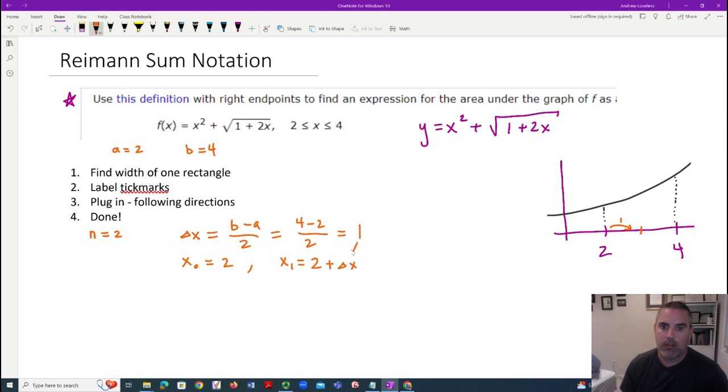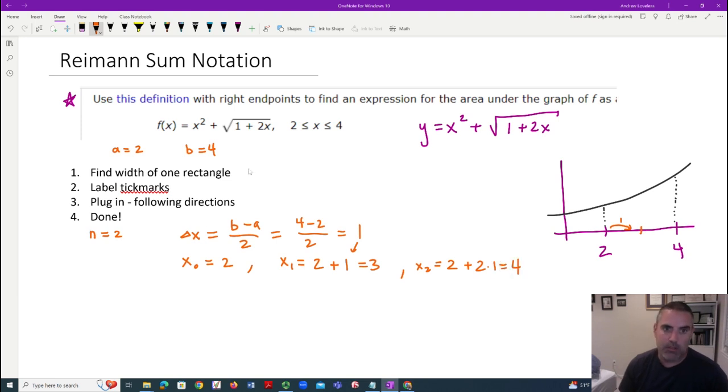So that goes there. The reason I'm saying it this way is to help you see the pattern that we're going to use in just a second. So this is going to be 2 plus 1, which is 3. And then the next tick mark will be 2 jumps. You'll add another 1. So it's going to be 2, which was the left-hand point, plus 2 times 1, which is 4.